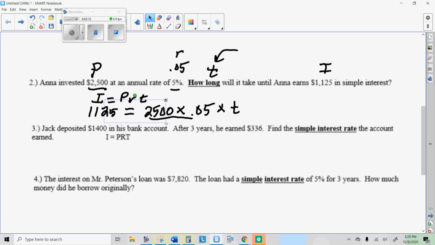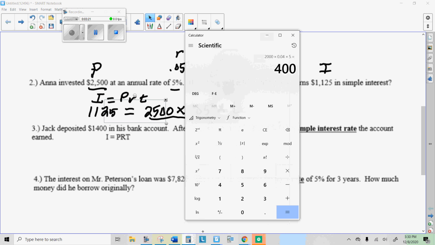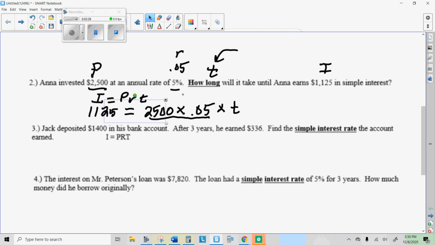Now this multiplication we can go ahead and do, 2,500 times 0.05. That equals 125. So I'm going to just rewrite this over here. 2,500 times 0.05 is 125 times T.